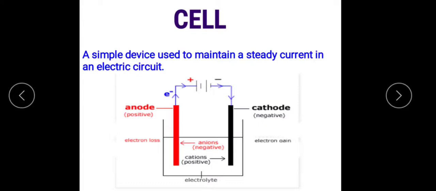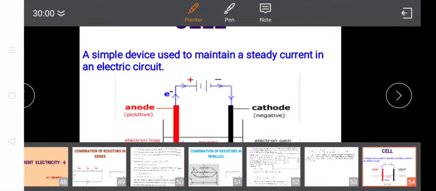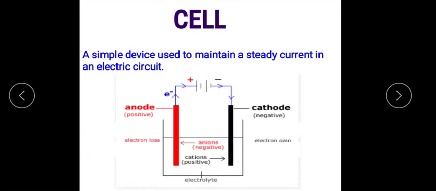The next one is a cell. A cell is a simple device used to maintain a steady current in an electrical circuit. So in a given electrical circuit, a device which is used to maintain the steady current is what we call a cell.